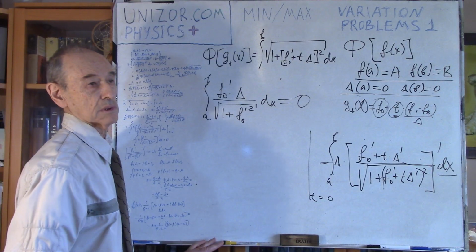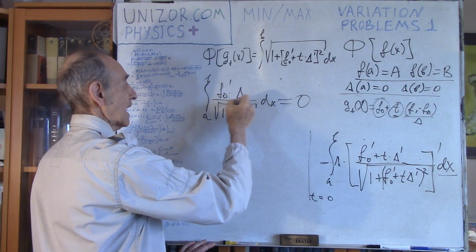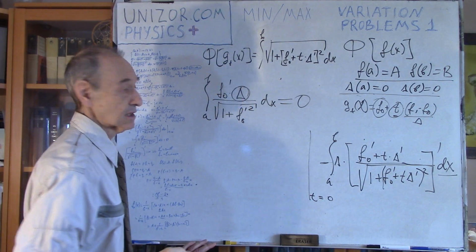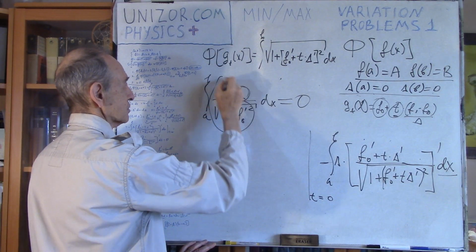When is it possible? Well, if it's for any delta as a function, now this must be equal to 0.